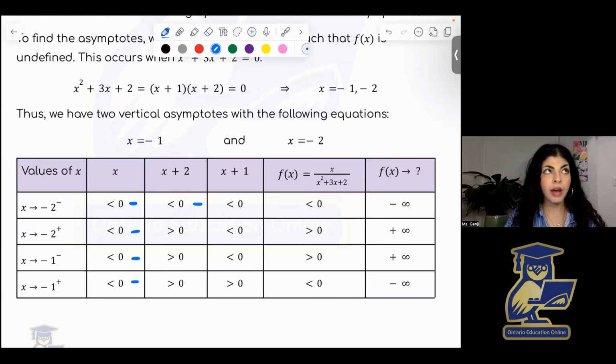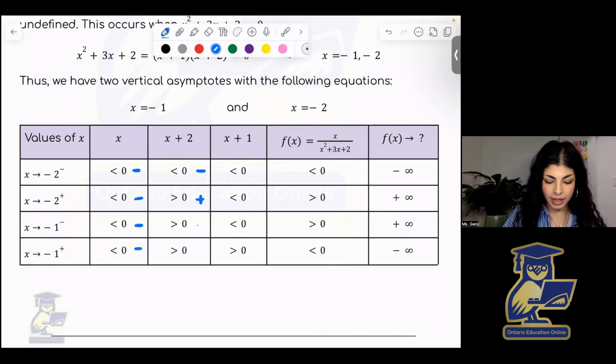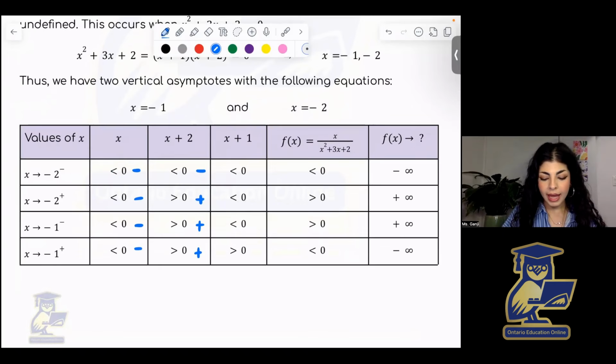But for values of x approaching negative 2 from the right, this is going to be greater than 0, so it's positive. And same with these ones. As well, we interpret x plus 1, and pretty much what you're doing is just choosing values of x over here. So if I, for example, choose negative 3, then what would this factor give me?